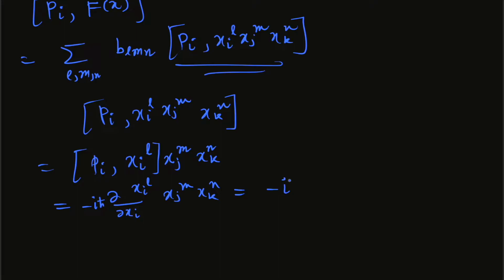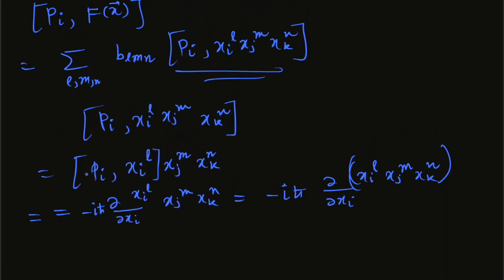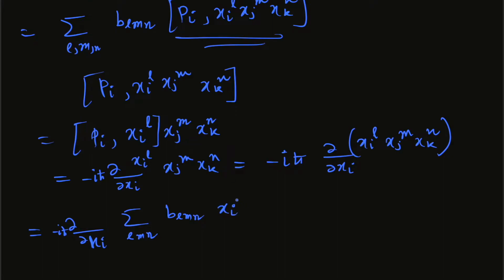So this can be written as minus iħ ∂/∂x_i of x_i^l x_j^m x_k^n. That means this commutation can be written as minus iħ ∂/∂x_i times the sum over l, m, n of b_lmn x_i^l x_j^m x_k^n. Since this constant does not depend on x_i, this is actually equal to minus iħ ∂/∂x_i f(x).